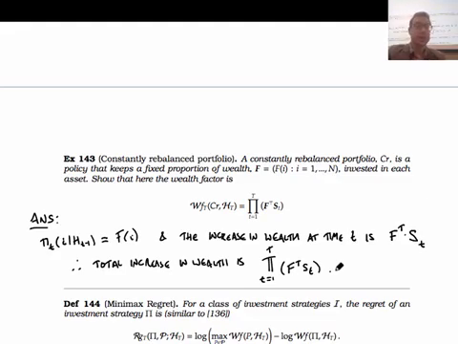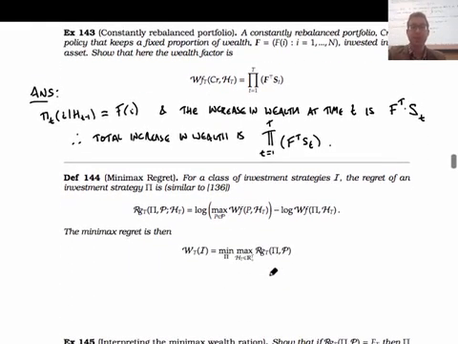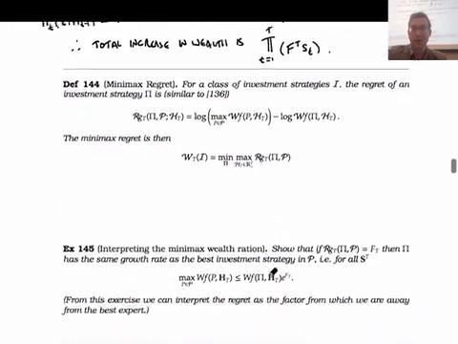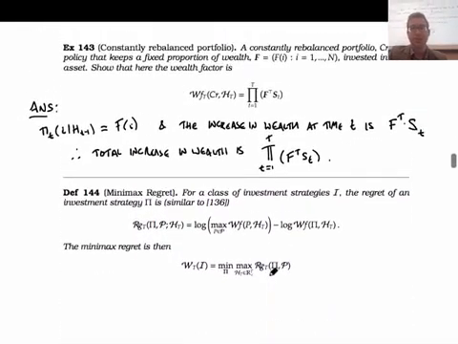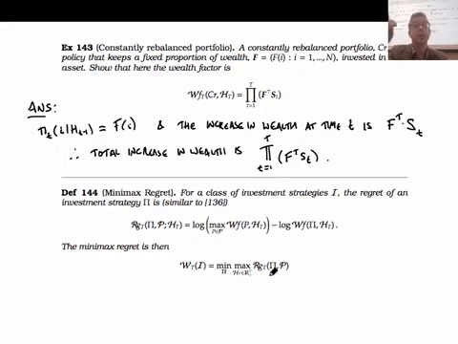All right, and probably time for just one more definition. So here we're going to look at the same notion as before, the minimax regret. Okay, so for a class of investment strategies, we're going to have some advisors who say, oh, you should follow the FTSE 250, oh, you should invest all your assets in oil, whatever.